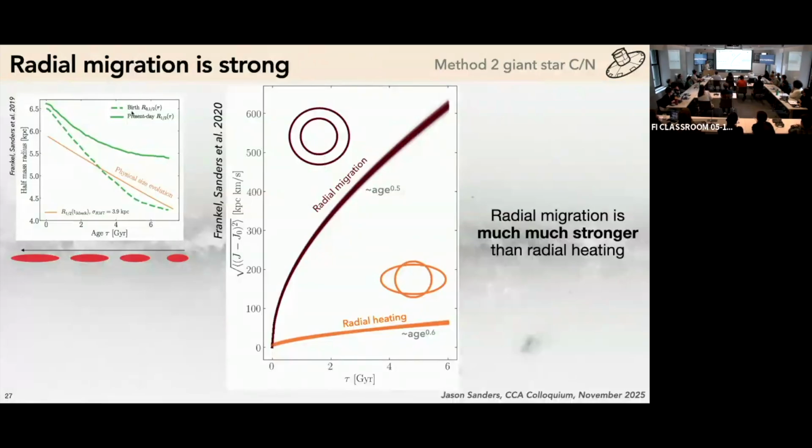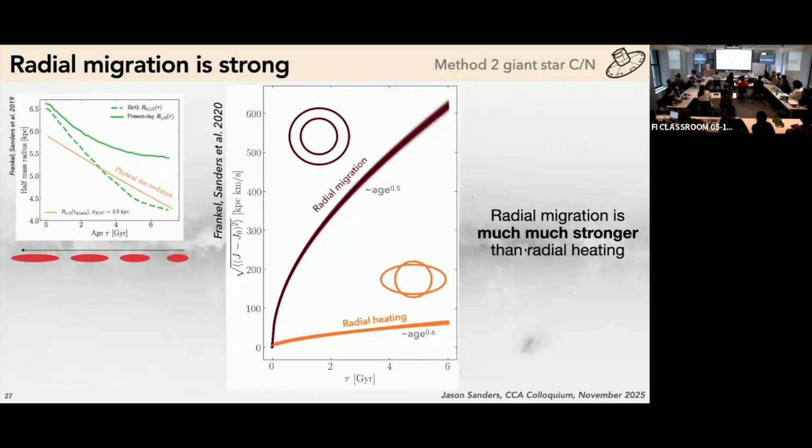And this is important. So if we go back to this plot, the line we focused on previously was this present day half mass radius here in solid. And this is different from the birth half mass radius distribution. And by invoking the radial migration model, basically that difference is due to the measured radial migration that we put into the model.